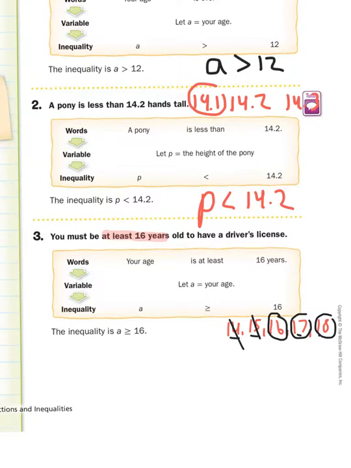So the numbers 16, 17, and 18 all are true for at least 16 years old. So this is how you write the inequality. Your age, so we use A, must be greater than or equal to 16. Because in this situation, your age can be 16. That's the tricky part about at least, and that's when you use greater than or equal to.